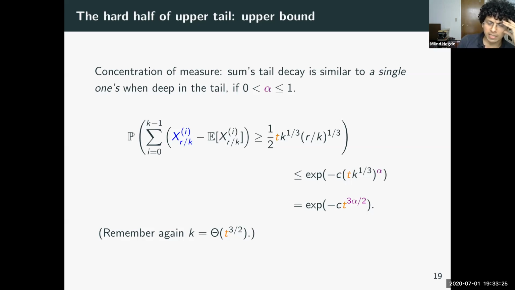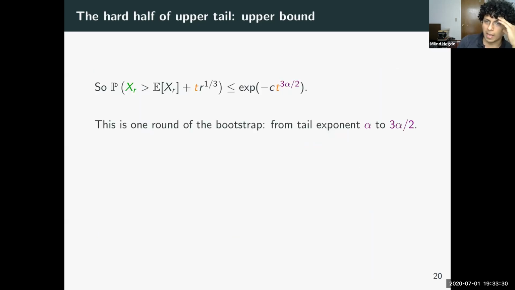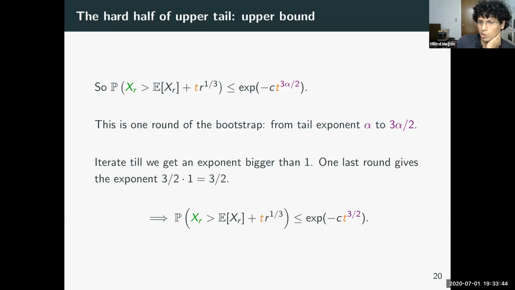So this is exactly one iteration of what we call the bootstrap. We started with the exponent alpha, and we got this exponent 3 alpha over 2. And we can just iterate this. Now that we have 3 alpha over 2, we can do it again. And it increases at each stage, and eventually you will pass 1. Definitely be bigger than 1. So, suppose it's 1 plus delta.